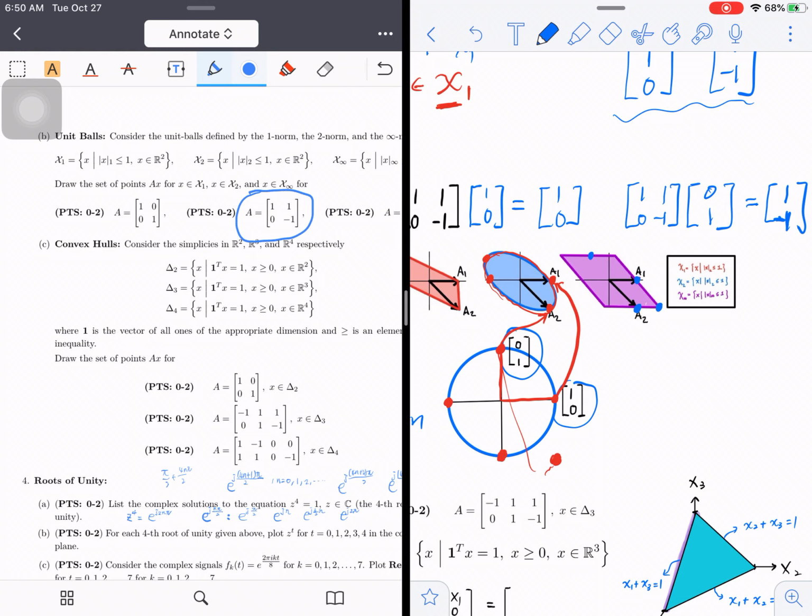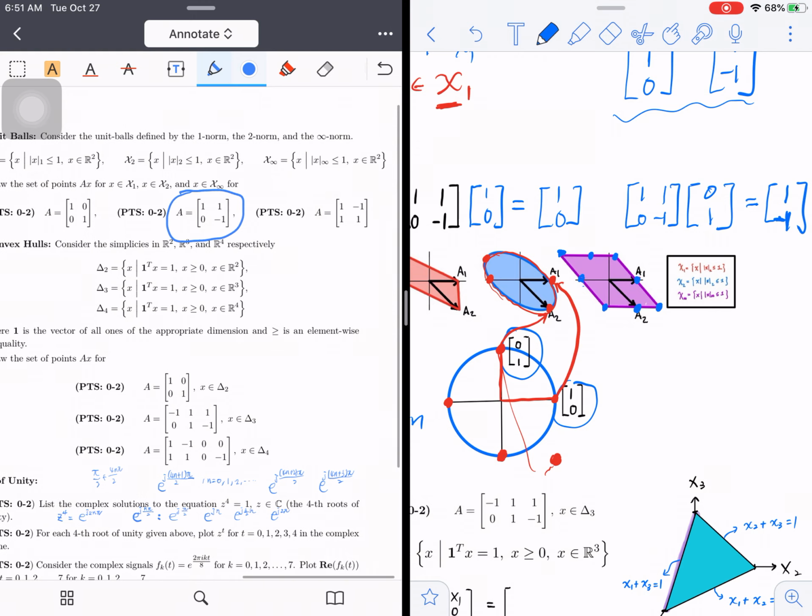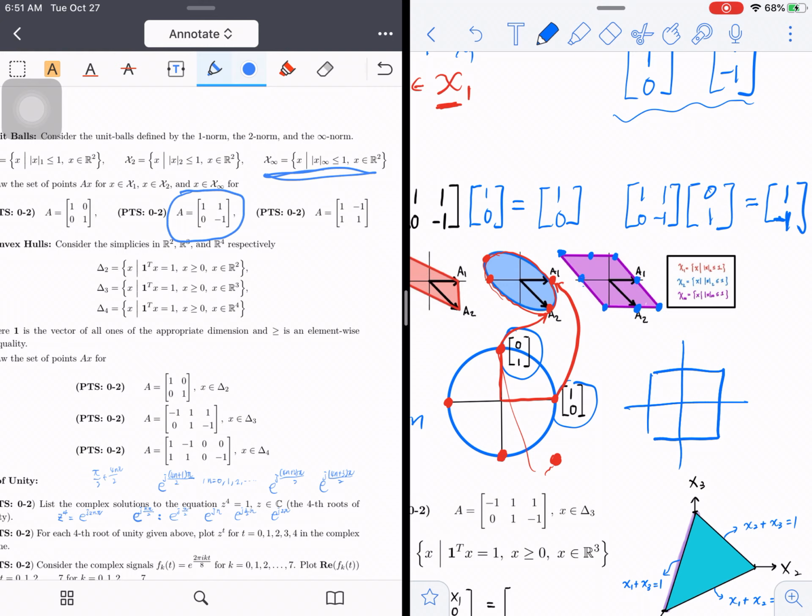So you can plot many points. Because this is the infinity norm, the infinity norm is this. So you can plot the transformation of this point, this axis. There are many axes, right?